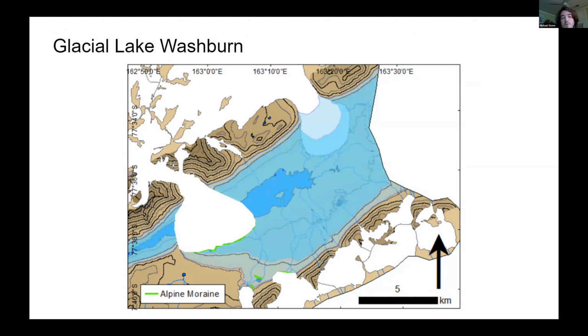As far as Glacial Lake Washburn goes, if you go with the 350 meter above sea level Glacial Lake Washburn, there's a chance it sneaks around this advanced Canada Glacier somewhere around Andrews Ridge and can pour into the rest of the valley.